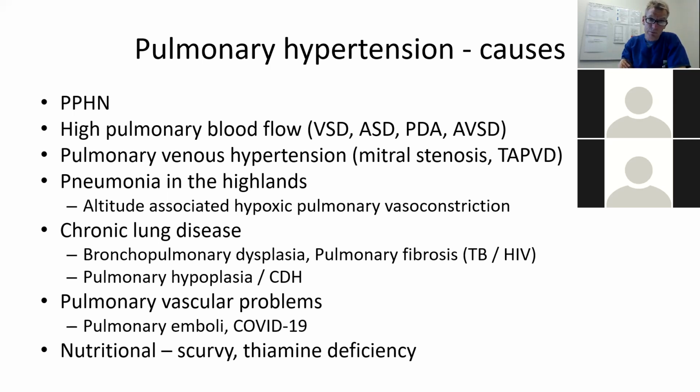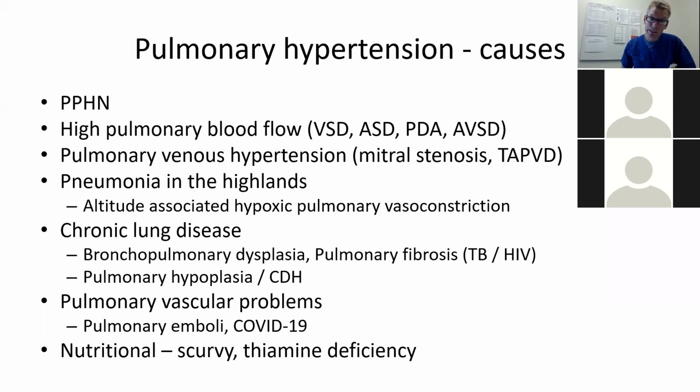Could they have, now this is getting a bit complicated, what we call pulmonary venous hypertension? Sometimes pulmonary hypertension is because of high pulmonary artery pressures, and sometimes it's because of pulmonary venous obstruction, right? So if you've got mitral stenosis, then there's a backflow of blood through the left atrium into the pulmonary veins, and that causes high blood pressure in the pulmonary arteries that are trying to pump blood through the lungs.